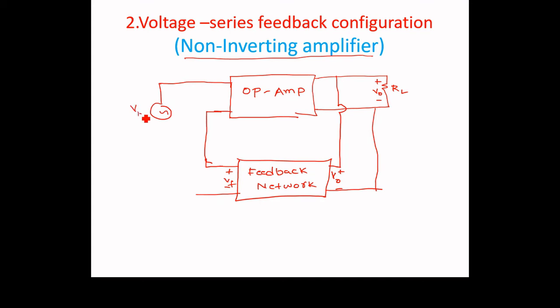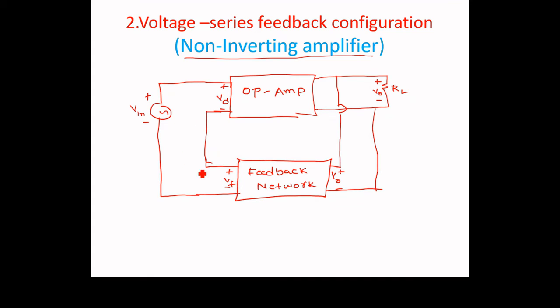So this is the input voltage that we are applying. So in series we are connecting. So this is the input voltage plus minus, and op amp input, let us say the differential voltage is VD. So in series with respect to the input we have connected.